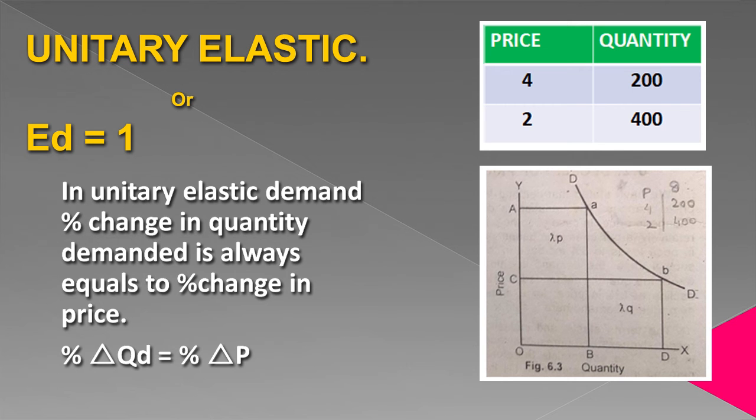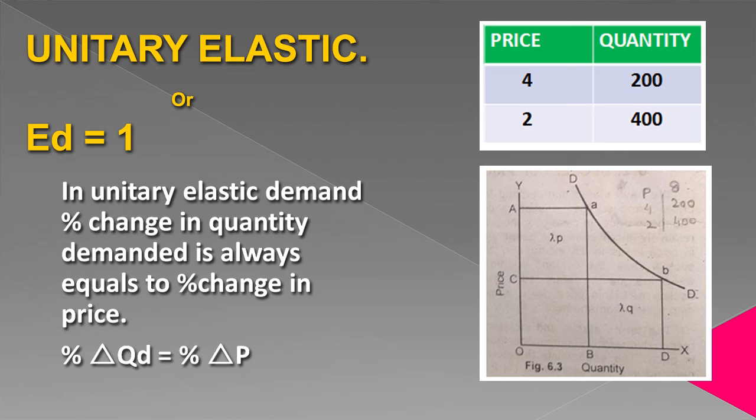Quantity demanded increases, but change in quantity demanded is also 50%. You can notice here that price decreases by 50% from 4 to 2. Demand increases by 50%, that is from 200 to 400.